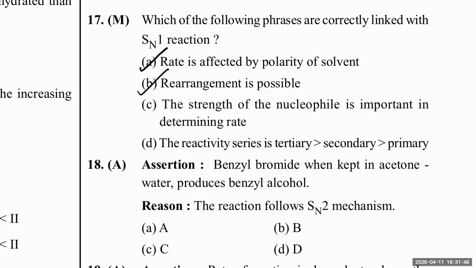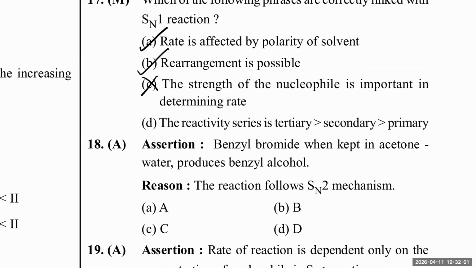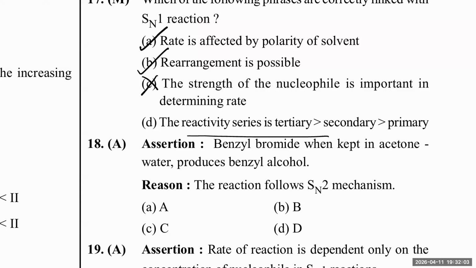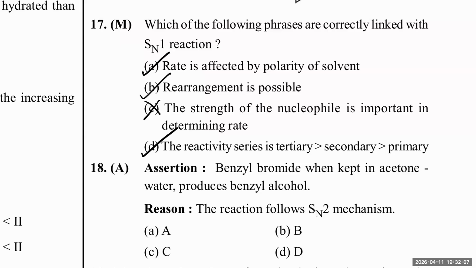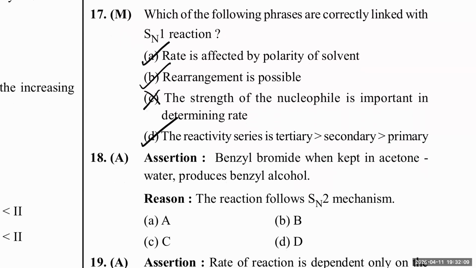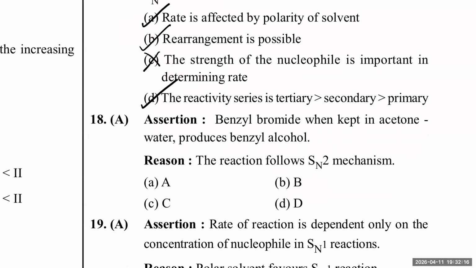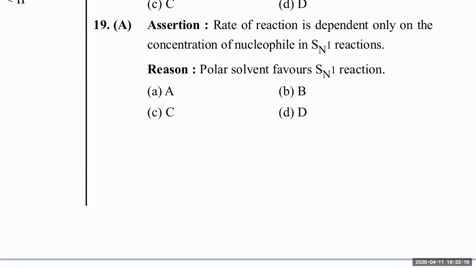Strength of nucleophile is important in rate determining step, not true, because in SN1 the rate determining step only depends upon reactant concentration and not the nucleophile. Next, reactivity series will be tertiary, secondary, primary. That is how it should be. Clear? Any doubt, please let me know. Next.